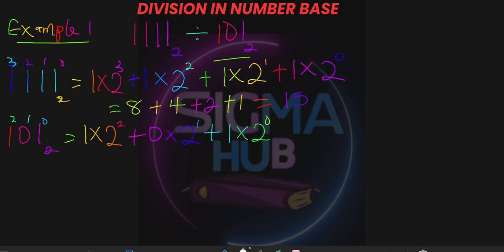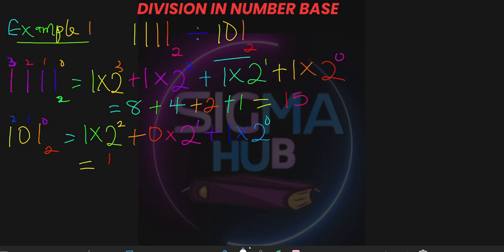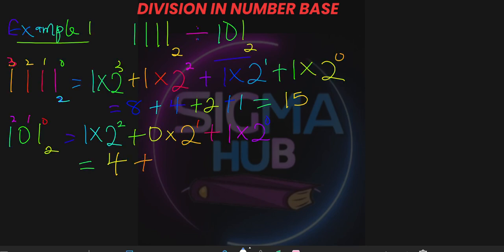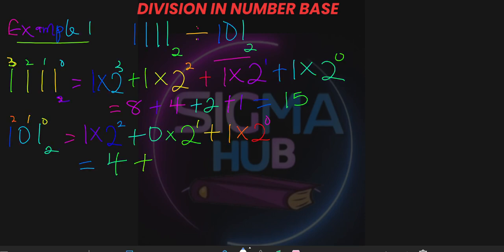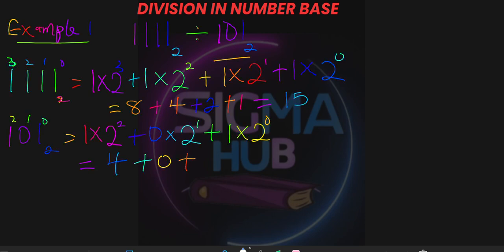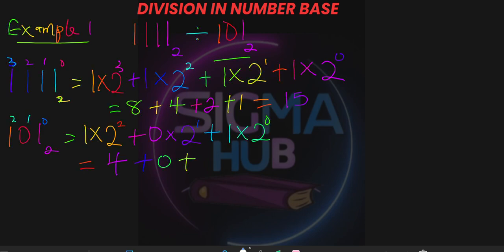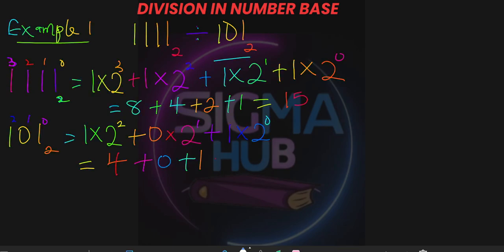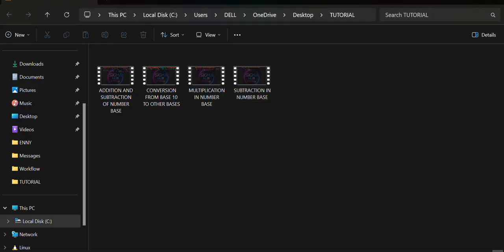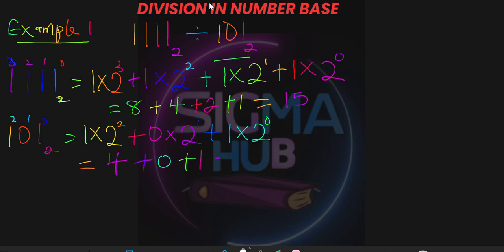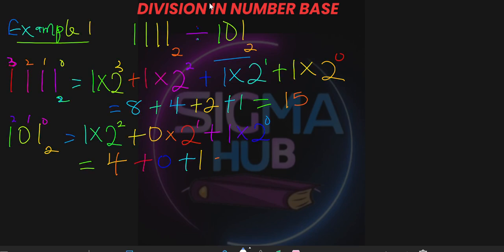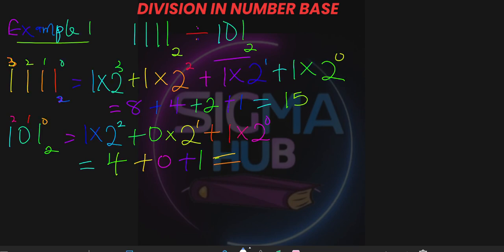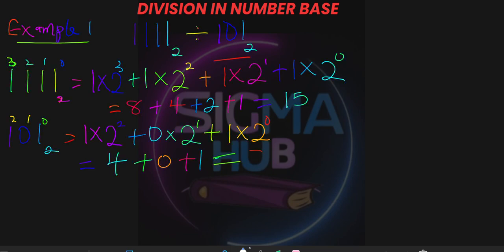So 2 raised to power of 2 is 4. 4 times 1 is 4, plus 2 raised to power of 1 is 2, times 0 is going to give you 0. Then plus 2 raised to power of 0 is 1. 1 times 1 is 1. So adding all these together, 4 plus 0 plus 1 is 5.